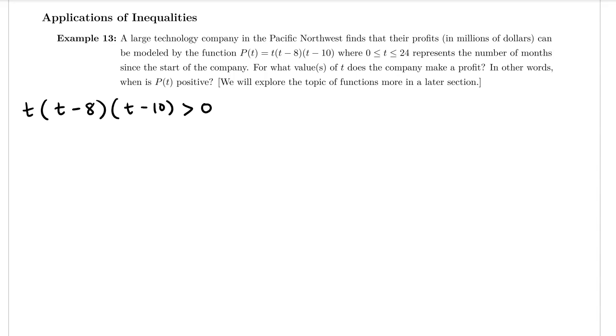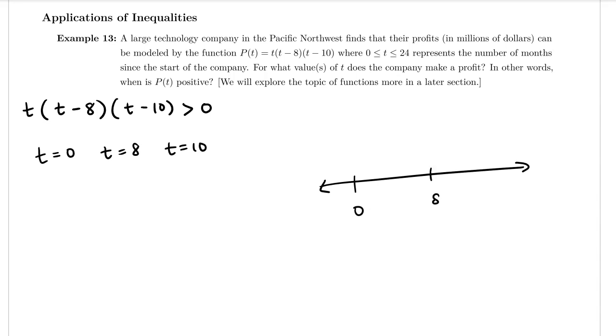We've done this multiple times now, and what's nice is this is already in factored form, so the critical values are t equals 0, t equals 8, and t equals 10, and I can make my number line here.